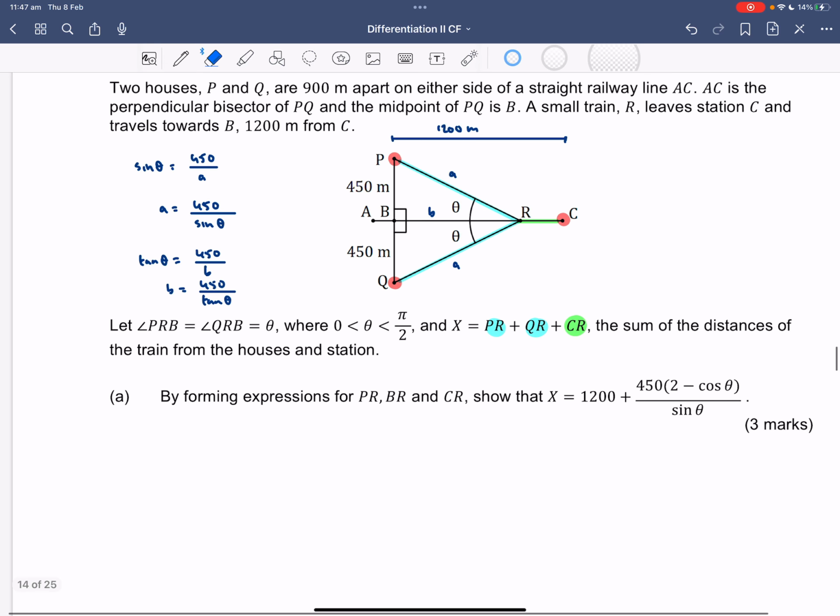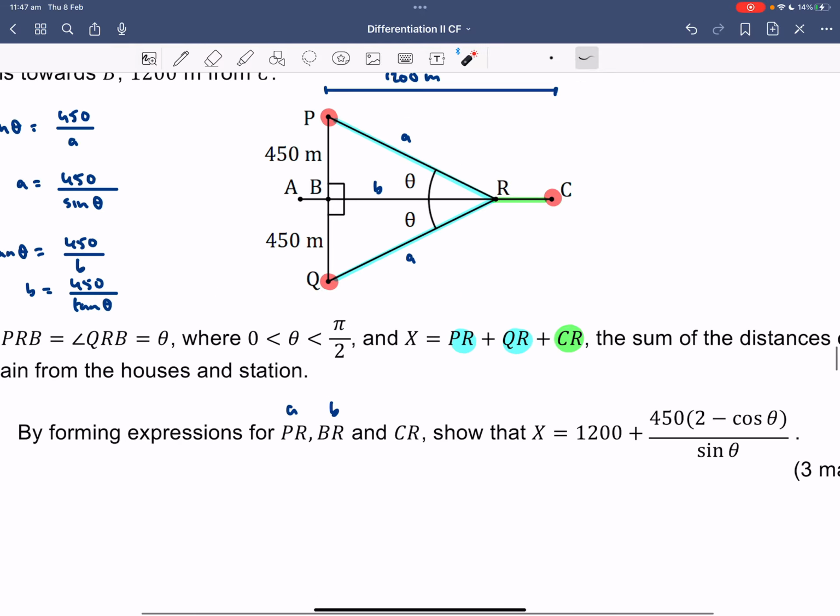Perfect. It even told you that: by forming expressions for PR, they held your hand. PR is this one here, which we called A, and by forming an expression for BR, which we called B, and using the fact that the whole thing is 1200, we can come up with an expression for CR.